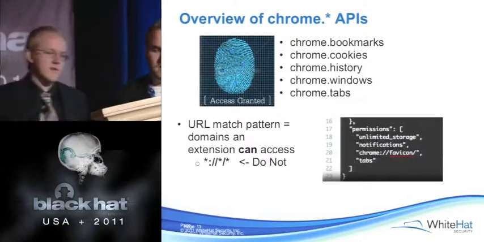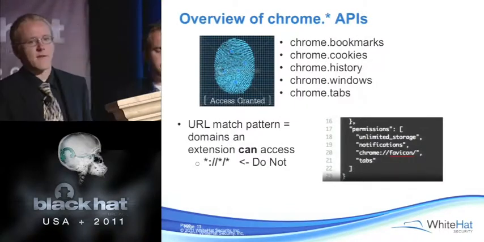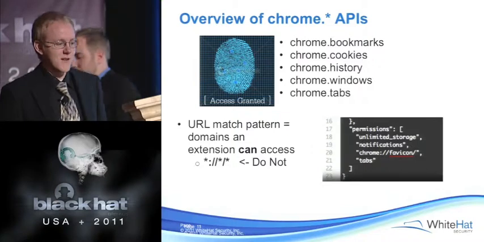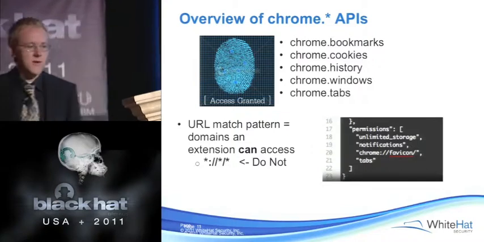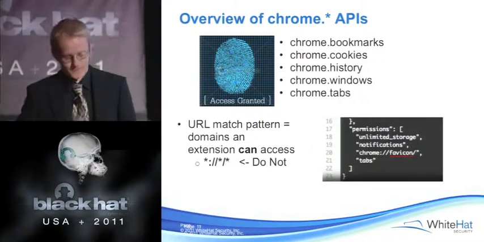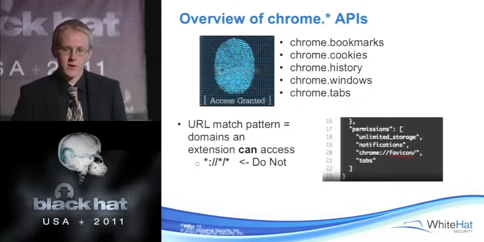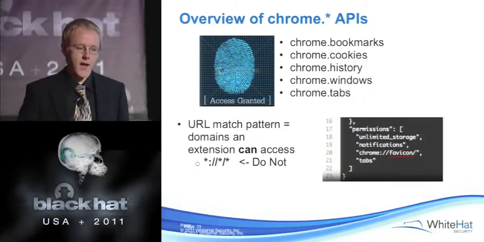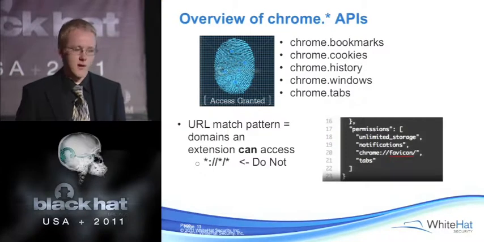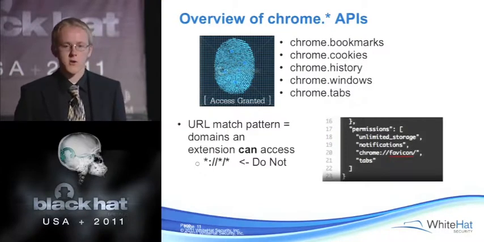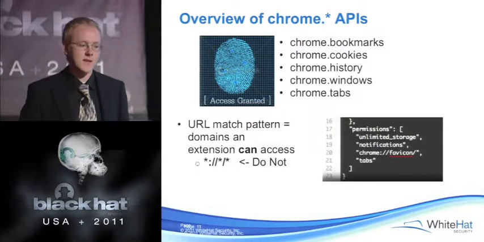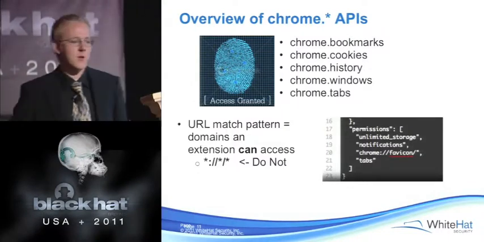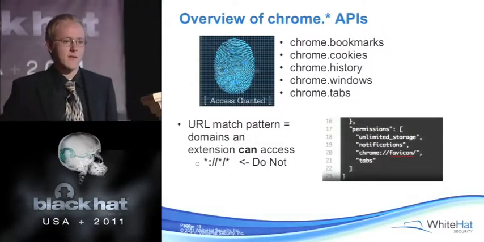So a quick review of the extension APIs that, as an attacker, I find very interesting. So we've got bookmarks, cookies, and history APIs. Basically, these all allow you to add, edit, delete, and view all the bookmarks, cookies, and history that you have. This is great because now I don't have to inject JavaScript into Google.com. I can take it directly from the cookies API. It's trivial.